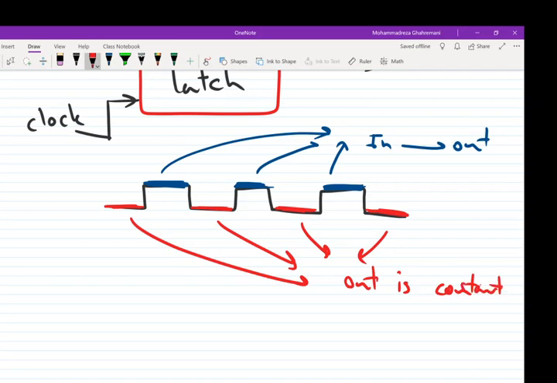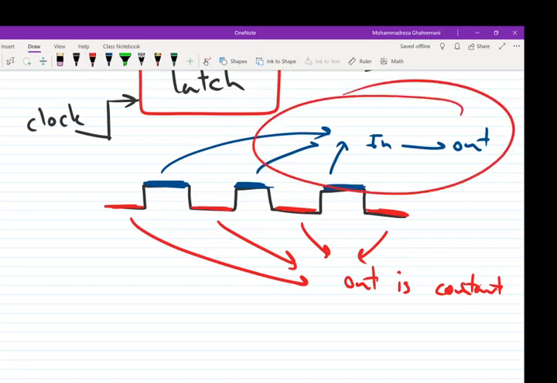No changing in the output. So this type of latch is called positive level sensitive because it transfers the input to the output at positive levels.